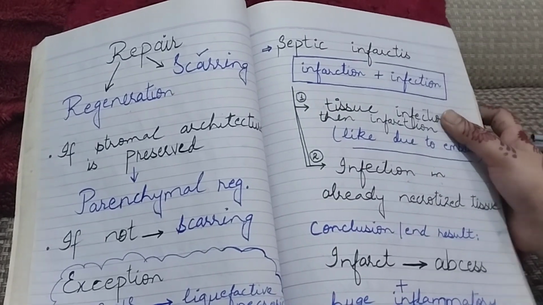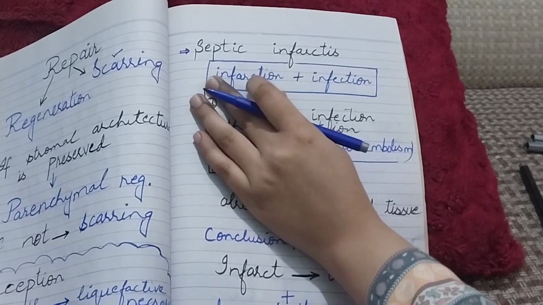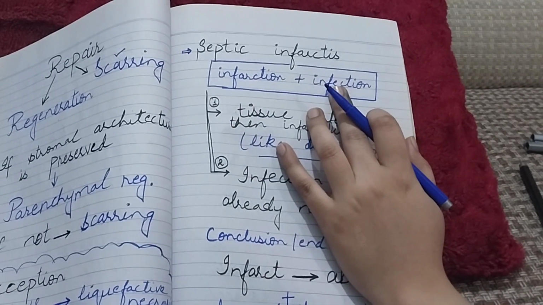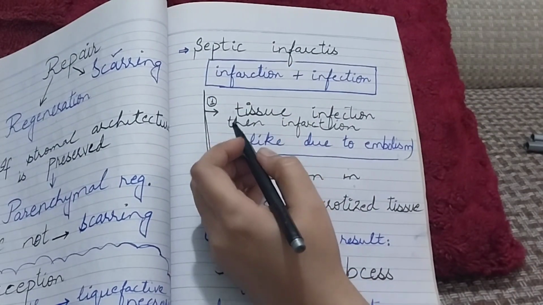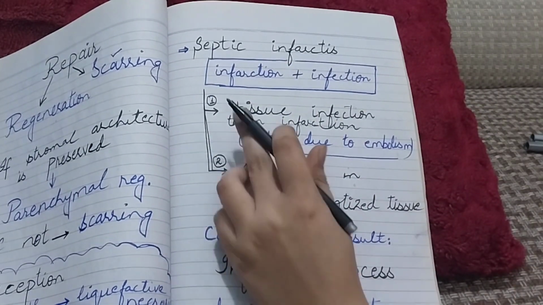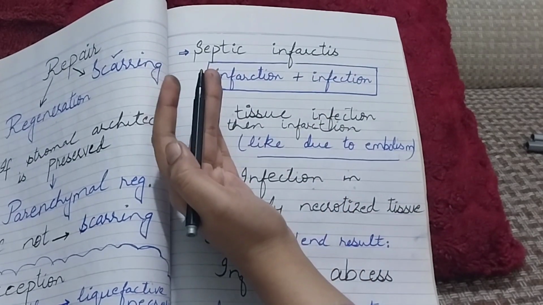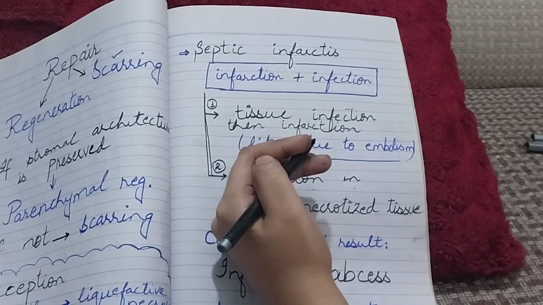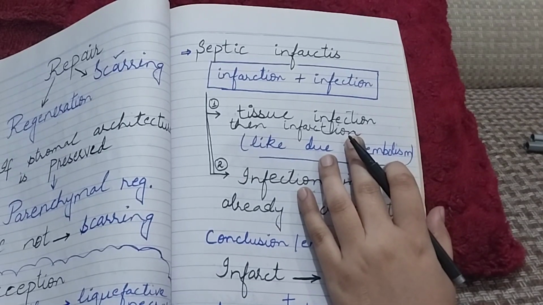Then we have a term septic infarcts. You can remember this term as infarction plus infection. There are two ways for this to occur. Number one is in such cases where tissue is already infected, and then for some reason like embolism takes place, which ultimately leads to infarction.